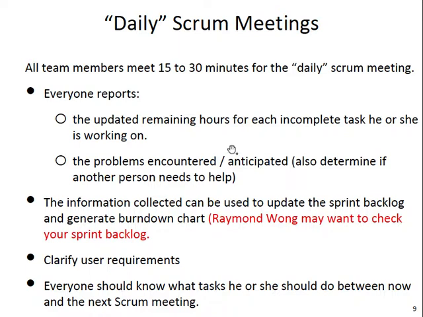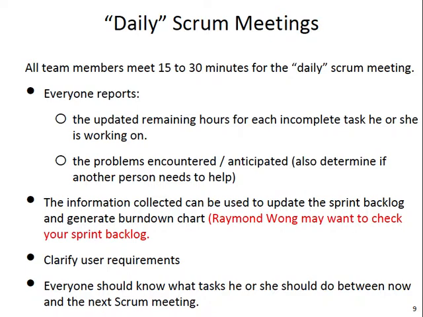Yesterday you said 3 days left. Today you still say 3 days left. That means either you have not done anything or you discovered that the problem is more difficult than it is. Then maybe you need help. So that's why this daily reporting of how much work is left is quite important. It can detect some problems.